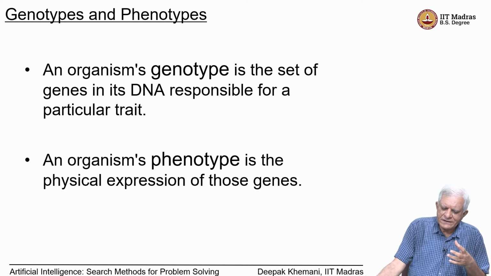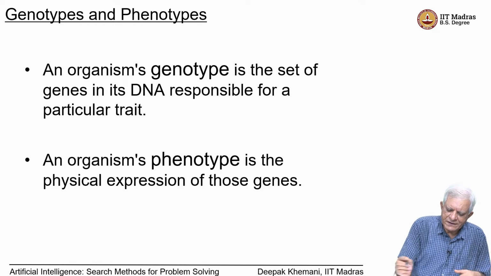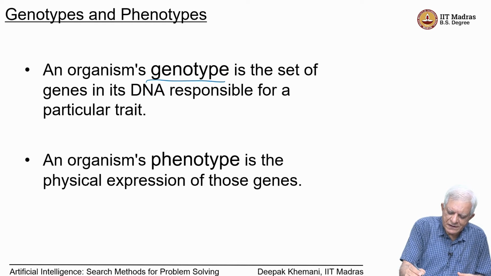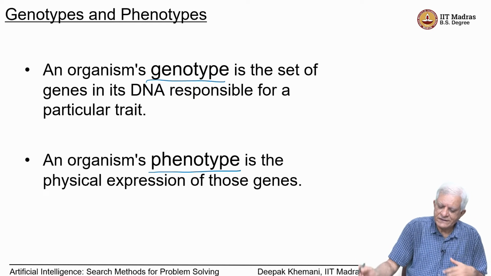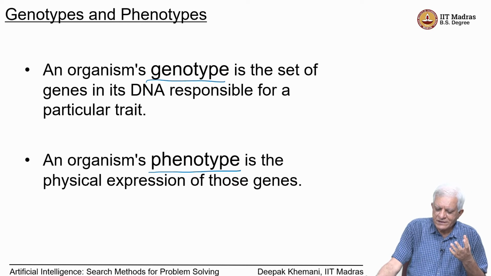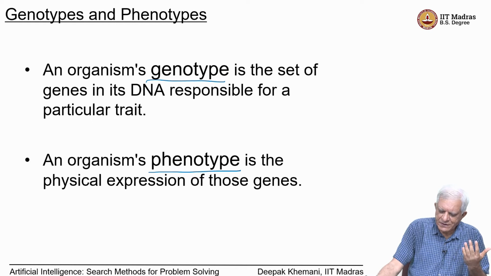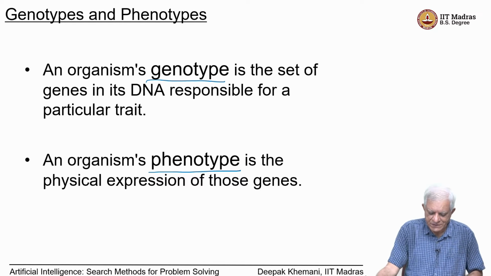Now, in the real world, we distinguish between the genotype of an individual, which is the genetic makeup of the individual, and the phenotype of the individual, which is the physical body that the individual embodies essentially. So, an organism's genotype is a set of genes that are responsible for a particular trait for that individual, and an organism's phenotype is a physical expression of those genes.